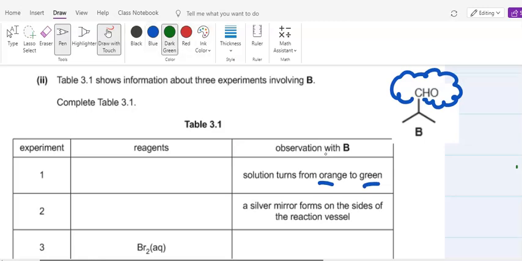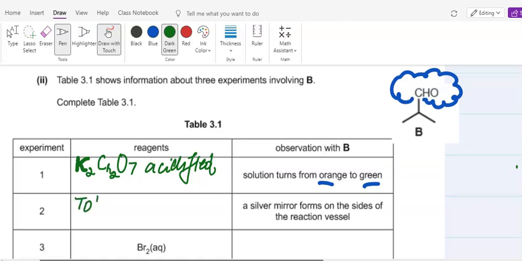That shows we are using an oxidizing agent, because aldehydes are oxidized by a mild oxidizing agent. The agent, acidified K2Cr2O7, is orange and is an oxidizing agent which changes color from orange to green.